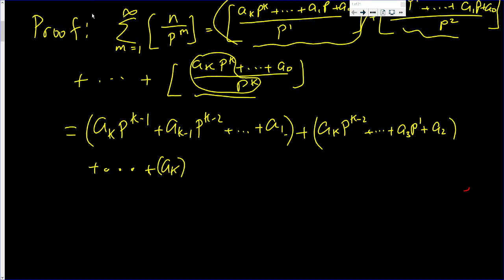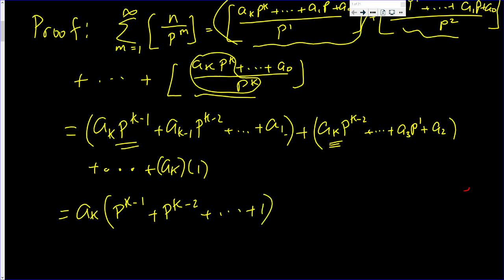Okay, now let us factor out a sub k. How many do we have? Well, we have p to the k minus 1 plus p to the k minus 2 all the way down to 1. Plus, how many a sub k minus 1s do we have? Well, we have p to the k minus 2.